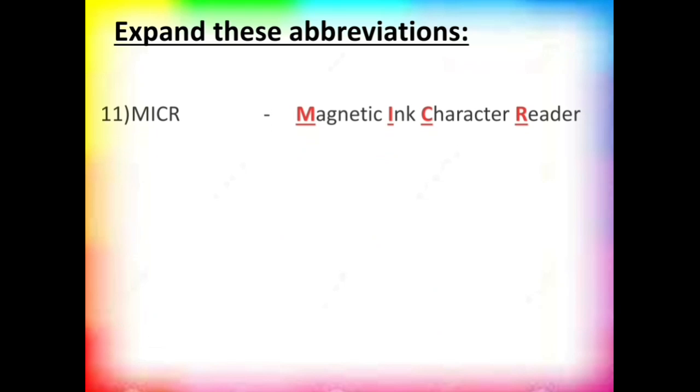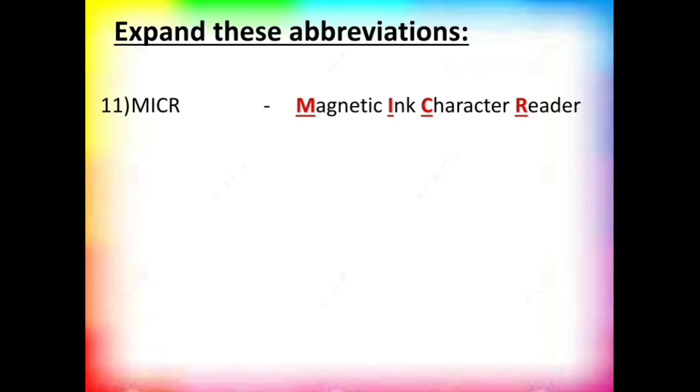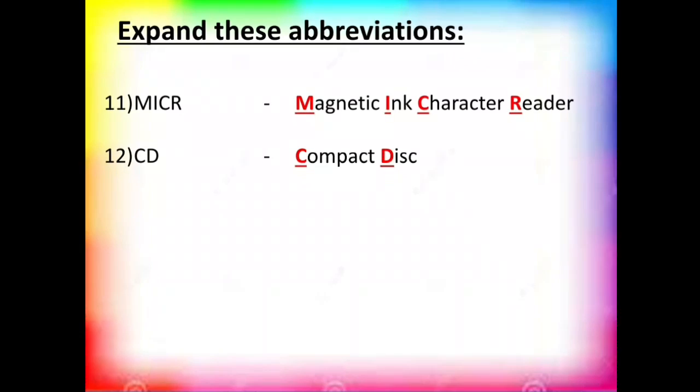Okay students, the next one is MICR, that is magnetic ink character reader. The next one is CD, compact disc.